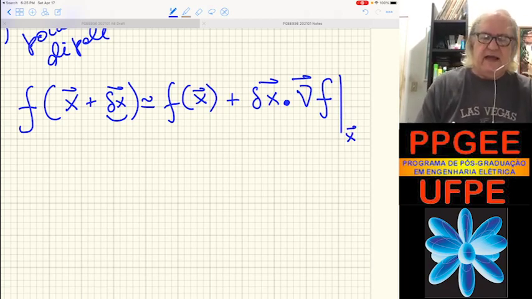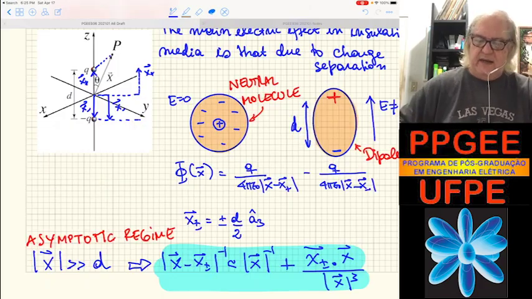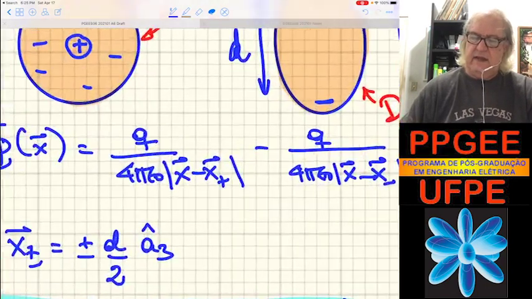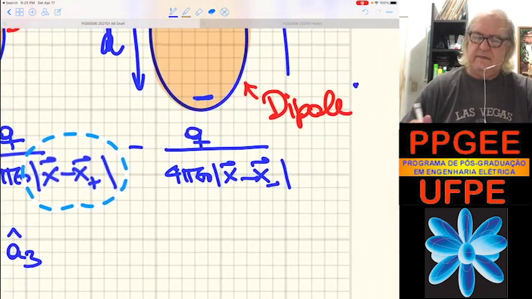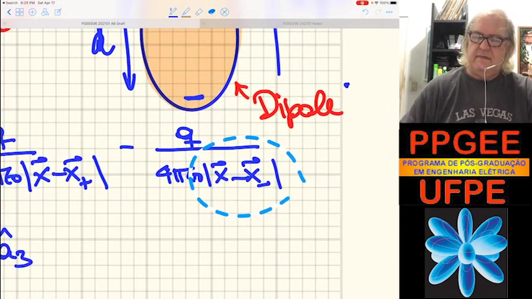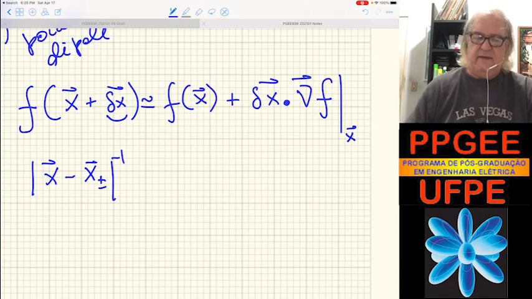So the same thing, you're going to have x minus x plus minus to the minus 1. This is the denominator here, right? So we have that inverse function here.